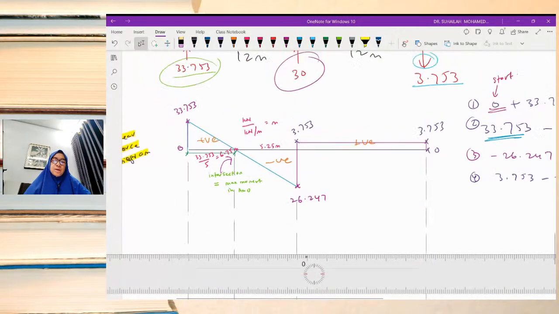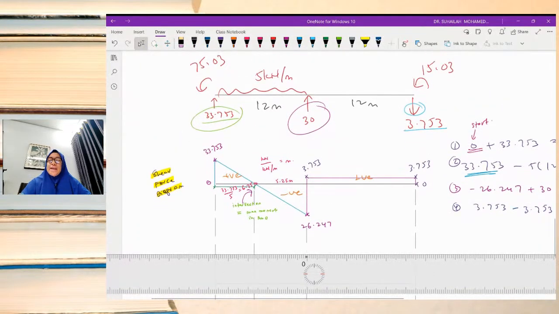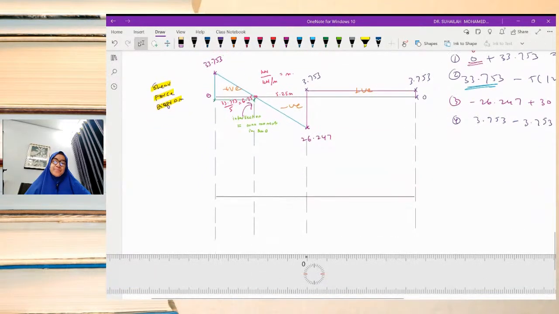Okay, moment at A is negative, counterclockwise, 75.03. When drawing the bending moment diagram, it doesn't matter if you put positive upward or negative upward for analysis.